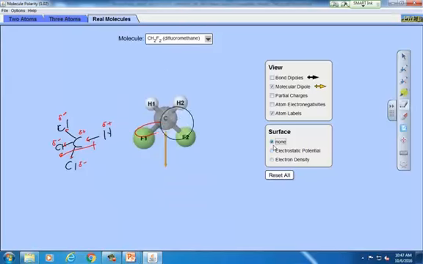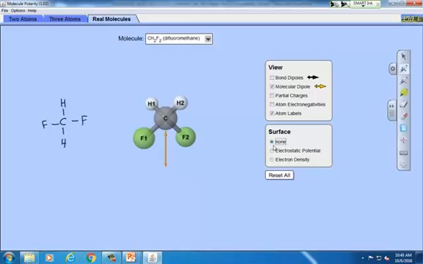Looking at the molecule, here's one where it's important how you draw it on paper, because if I draw the carbon and then put the hydrogens like this, that makes the molecule look symmetrical.